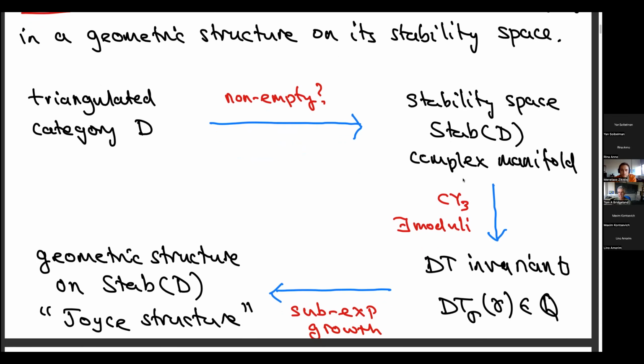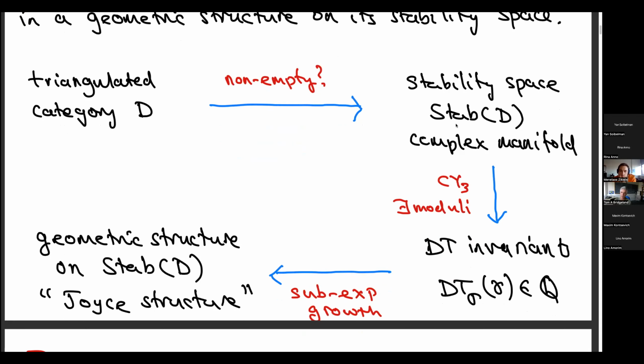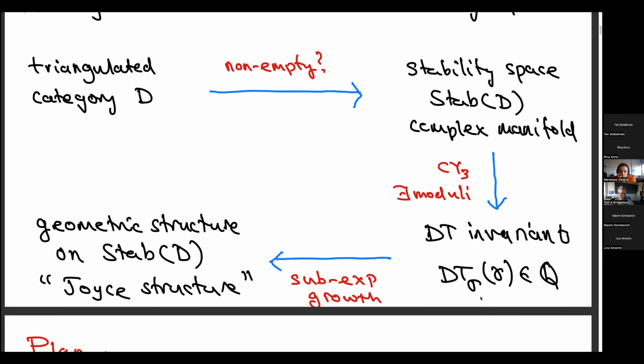And then in the case that this category is three-dimensional Calabi-Yau, you hope that you can run DT theory as developed by Joyce and by Kontsevich and Soibelman, and then get some DT invariants, which depend on your stability condition, which I'm denoting by sigma.